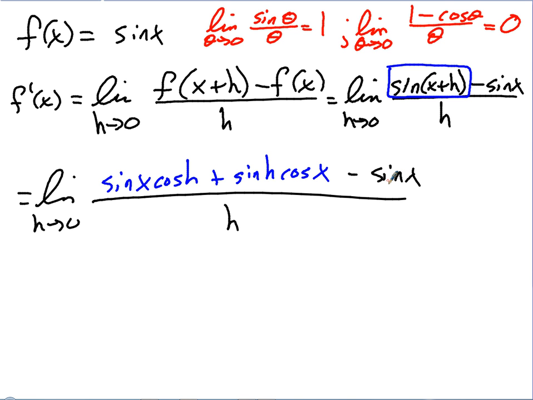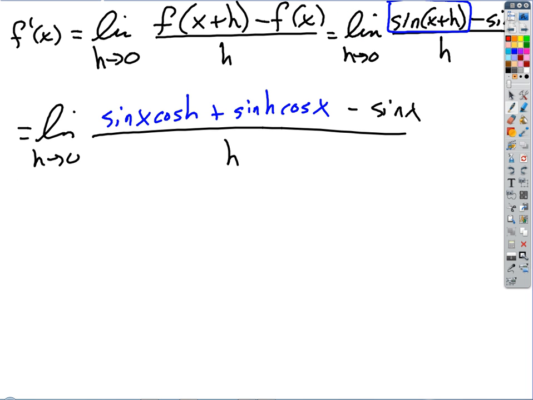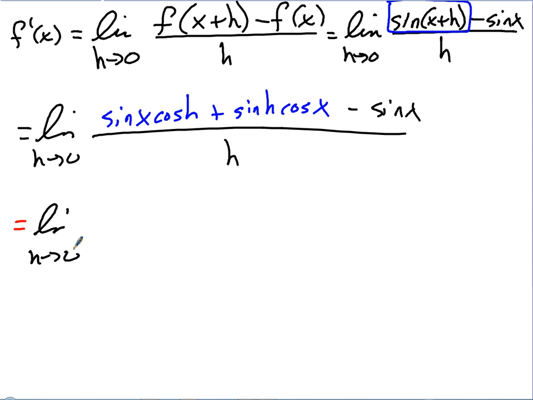How about if we group those two together, right? So let's reorganize this just a little bit. So we're going to get sine x cosine h minus sine x, put those together, over h.